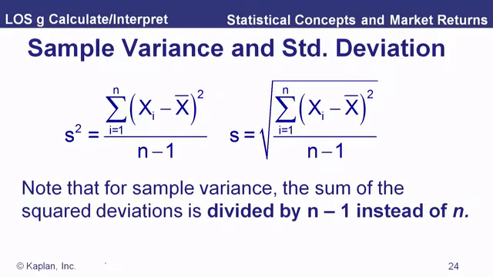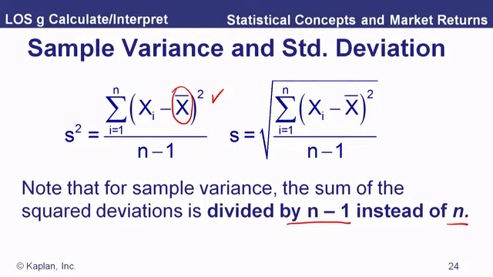Now, if we only have a sample, if we don't have all the possible observations, then we can calculate the sample variance and sample standard deviation. And the sample variance is exactly the same, except we divide by n minus 1 to preserve its statistical properties instead of n. So numerator, same thing. Square the deviations from the mean.